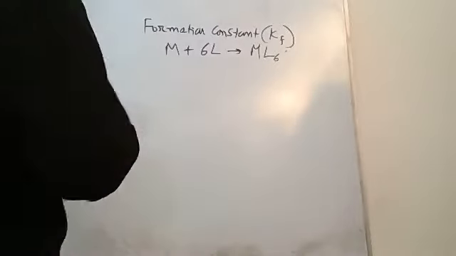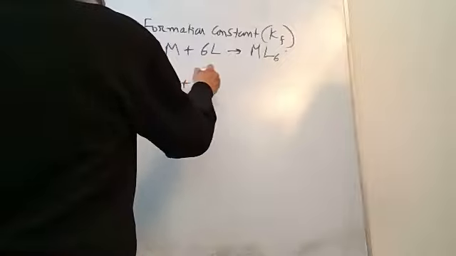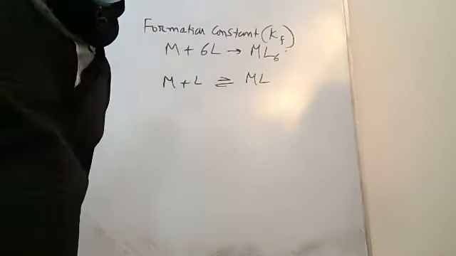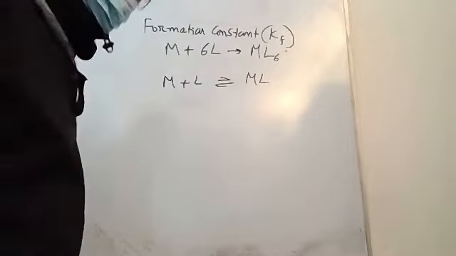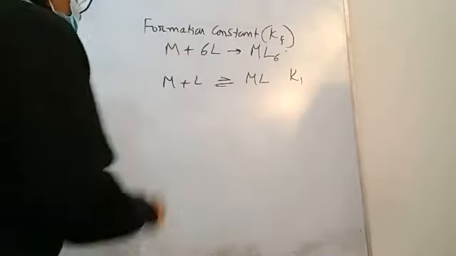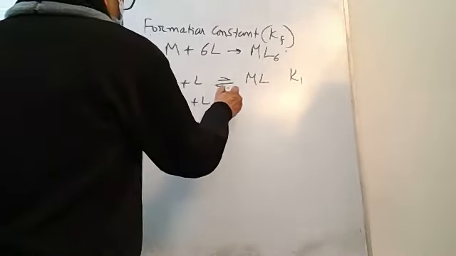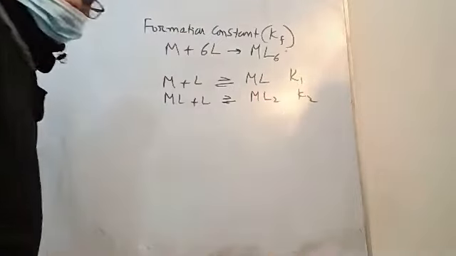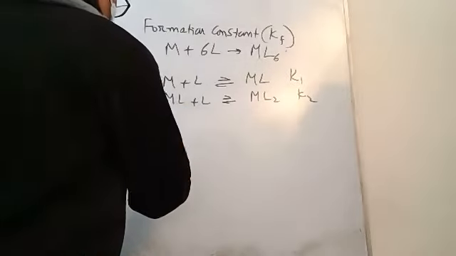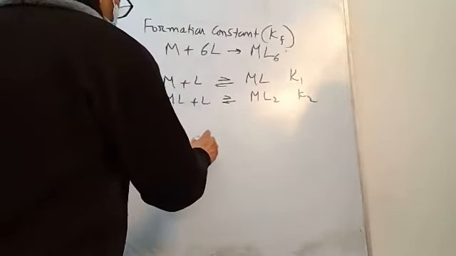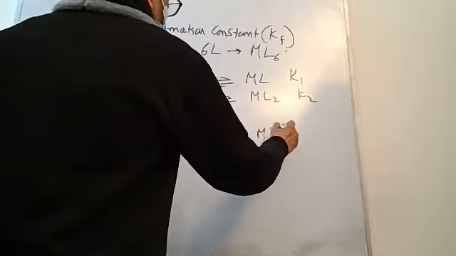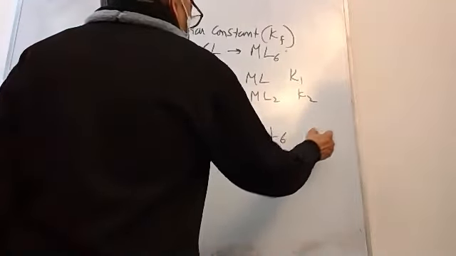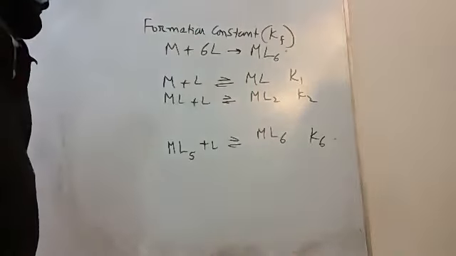So for example, the M will bind with the first ligand to make ML with a constant of K1, that's the first equilibrium constant. And the ML then adds on to the L to give ML2, the formation constant of K2. Finally, you have ML5 plus L giving ML6 with a formation constant of K6.